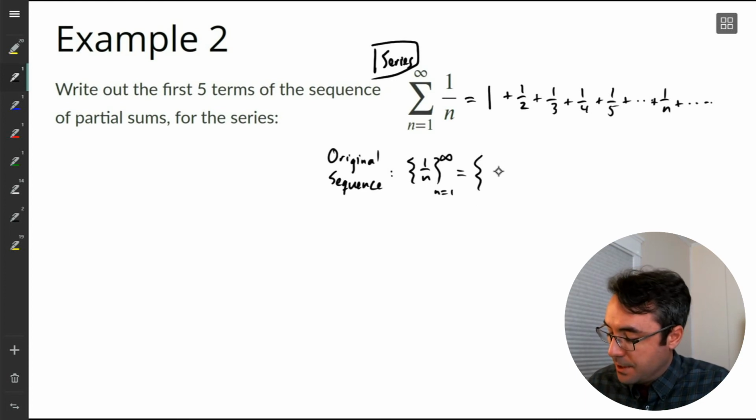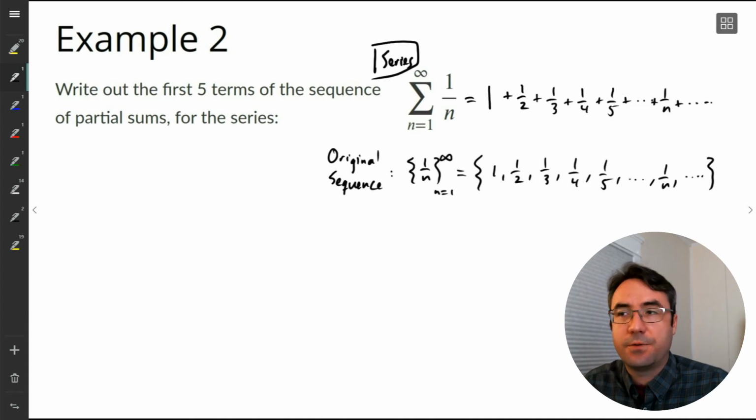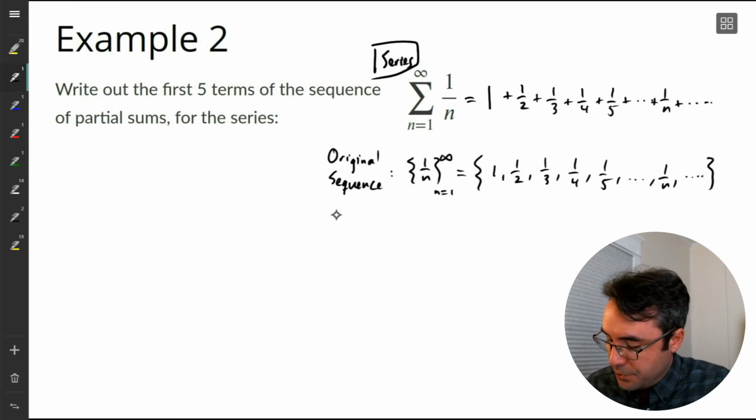So the first term is 1, the second term is 1/2, the third term is 1/3, 1/4, 1/5, and so on. It just keeps going. The nth general term is 1 over n. Just like for a series, remember we saw sequences, we could write it in this more condensed notation, or we could just write out the first few terms. And what we're going to do is produce a brand new sequence, our sequence of partial sums.